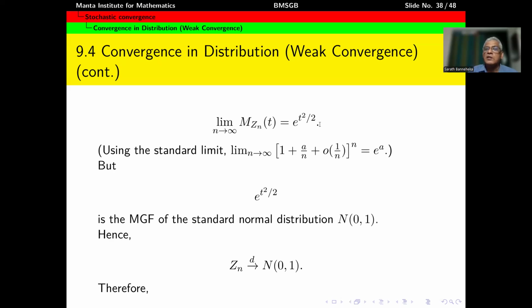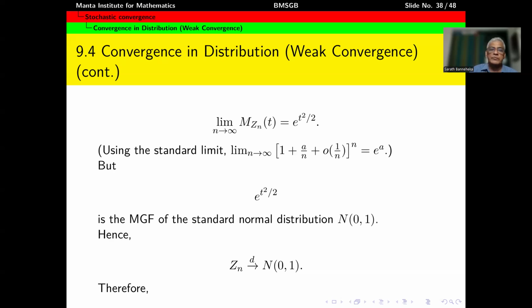But actually, we know, or we can find out from the standard books, that this is the moment generating function of a standard normal random variable, right? It is the same as the moment generating function of a random variable whose distribution is standard normal. You know that the moment generating function is a unique function for a given distribution.